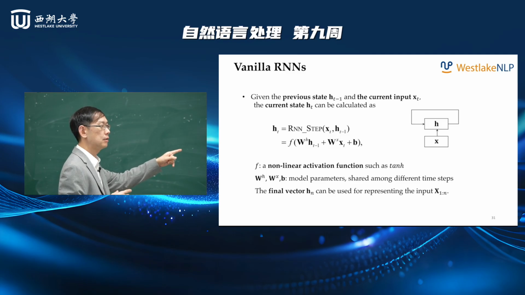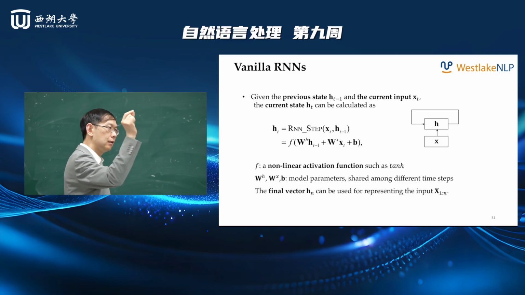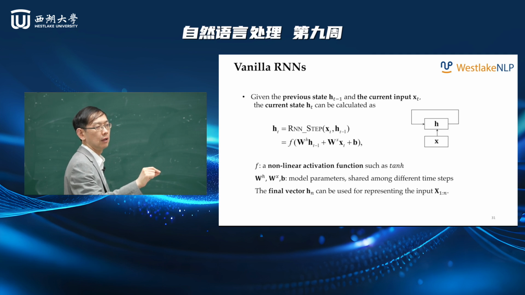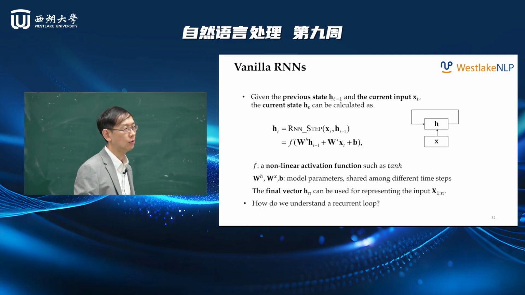What you're doing is you are connecting your output back to your input. That's a loopy neural network. We're confused about this loopy neural network, okay? So how can we conceptually understand it? How do we understand the recurrent process, okay?